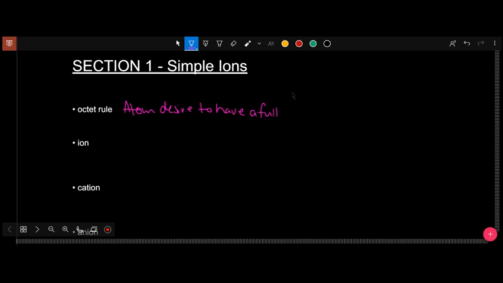And it's the full outer shell, which we call the valence shell. Remember, that's going to take 8, hence the octet, for the majority of them, 8 valence electrons. Now, an ion is an atom that has gained or lost electrons.